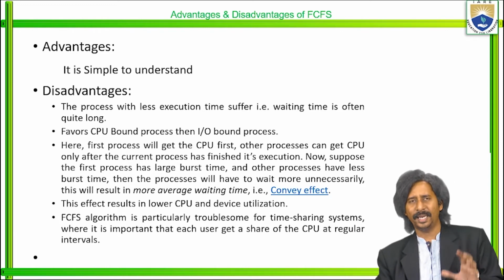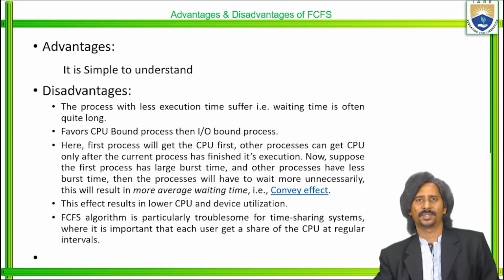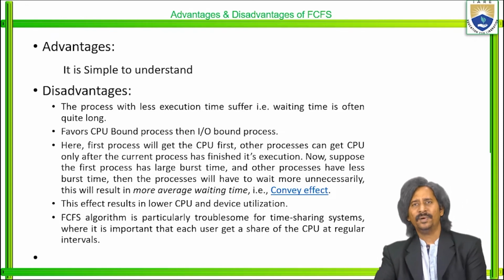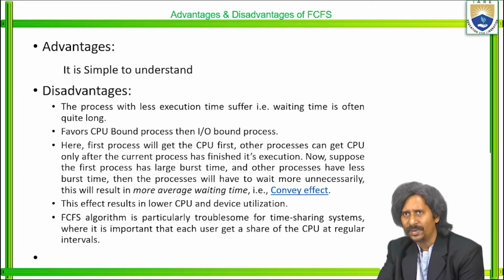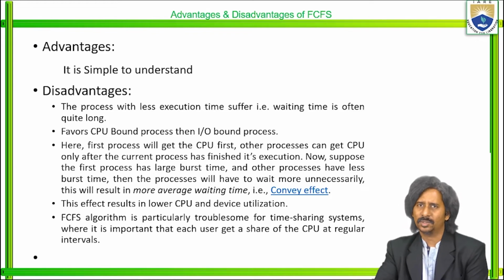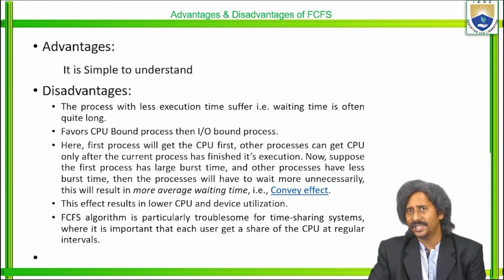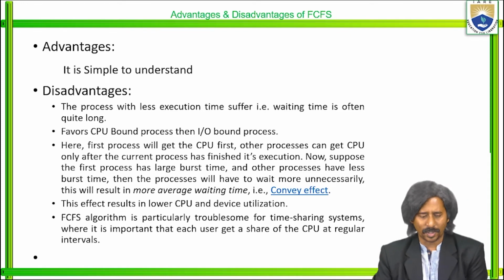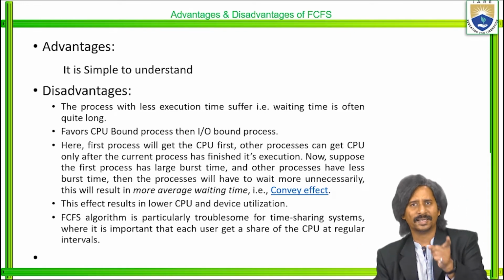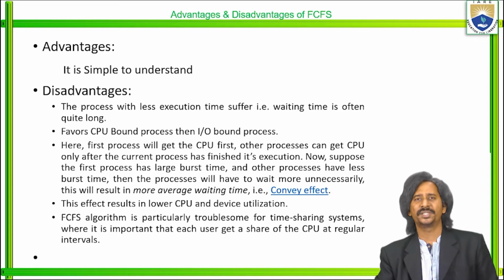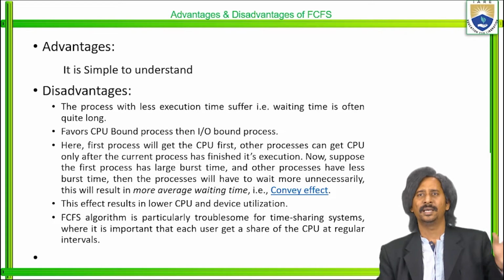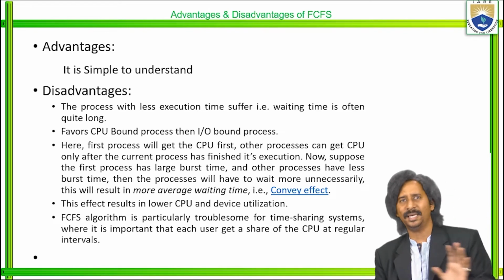So definitely it favors the CPU bound process, because let us take the previous example. Here the first process will get the CPU first. The first process is P1, which takes 24 milliseconds. Other processes can get the processor only after the current process has finished its execution. That is, 24 milliseconds are completely executed, then only the processor can handle the second one.